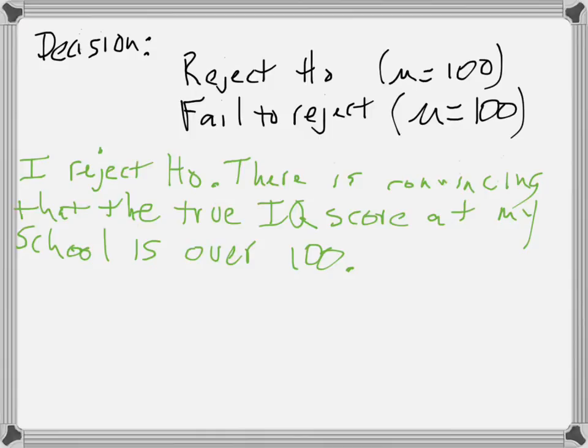Notice I didn't say what value it was. I could create a confidence interval and give you a reasonable estimate of what it is. And I guarantee you, if I did at least a 99% confidence interval, that the number 100 would not be in my confidence interval as well. There's a big link between hypothesis testing and confidence intervals.